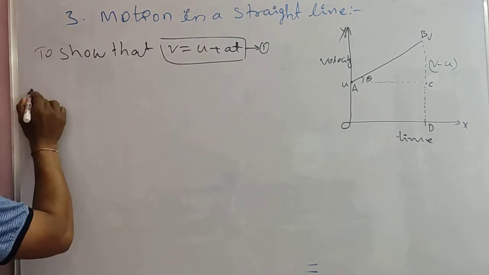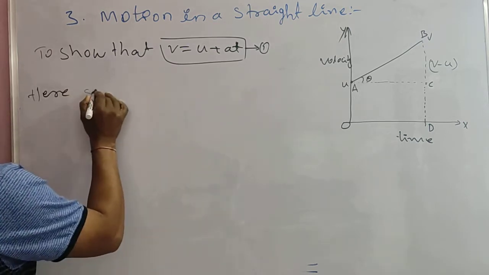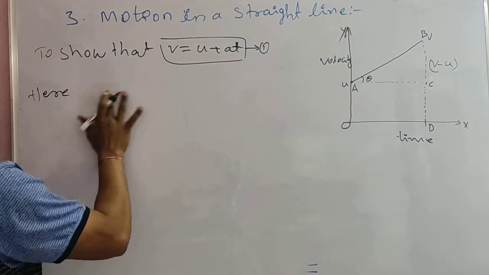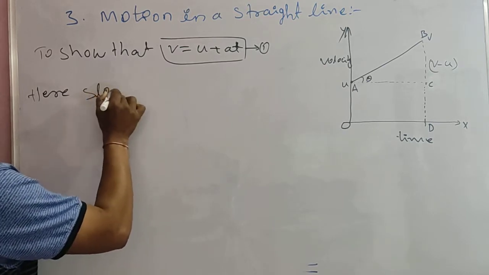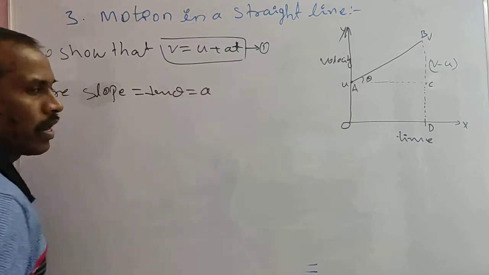Now the slope is equal to tan theta is equal to a.